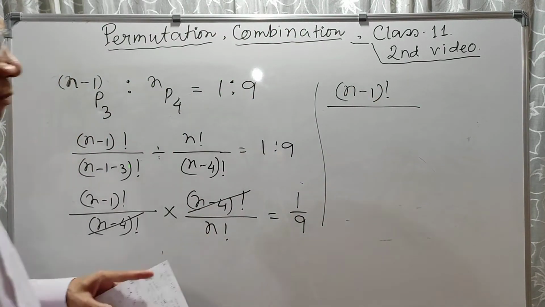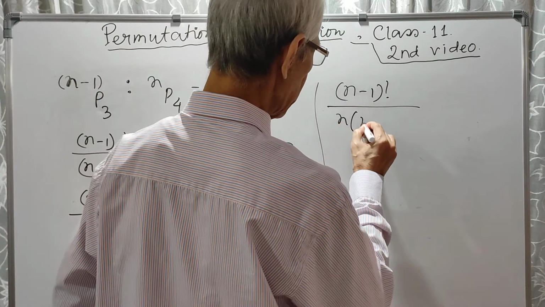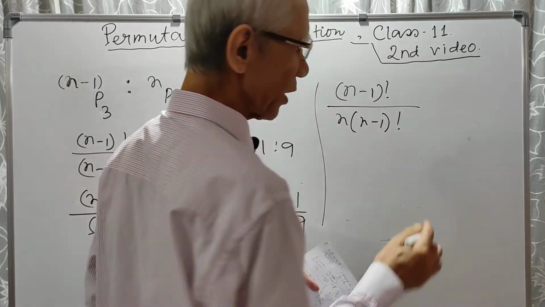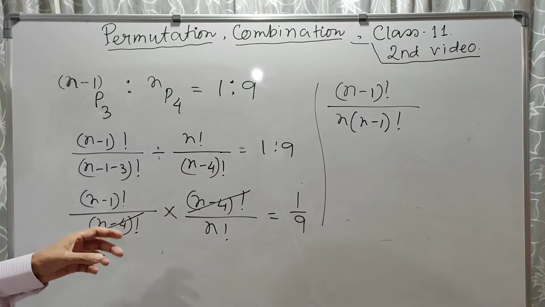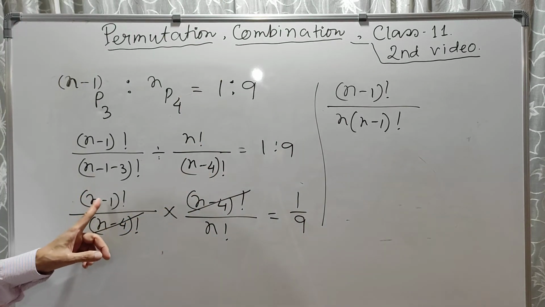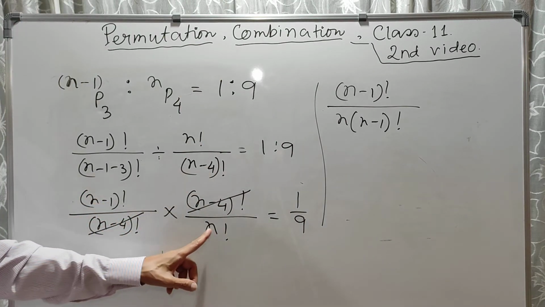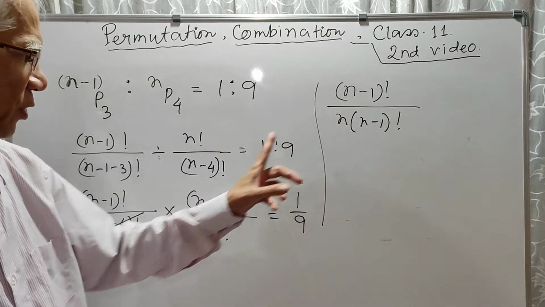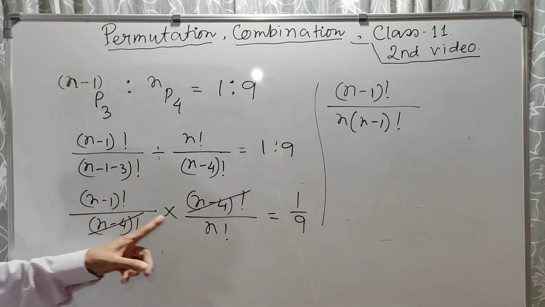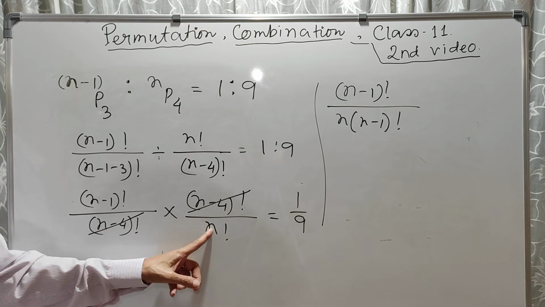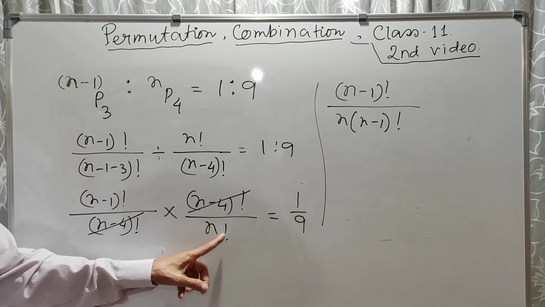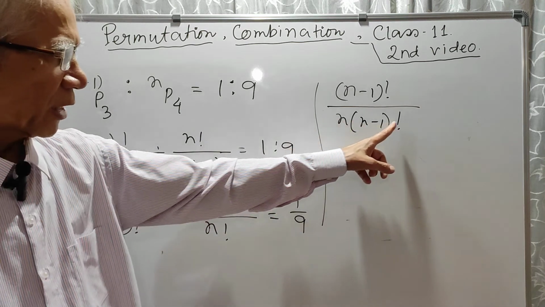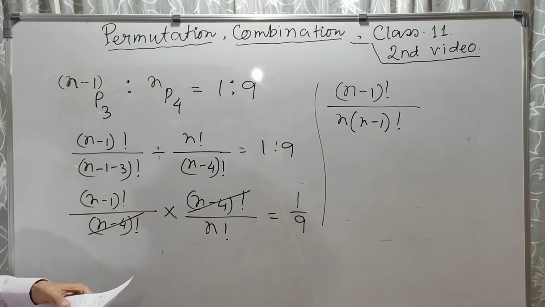Now n factorial can be written as n into n minus 1 factorial. All this I discussed in my last video. n minus 1 is smaller than n, so the greater one you have to break up, not the smaller one. How do you break up n factorial? n into n minus 1 factorial, and this is n minus 1 factorial.